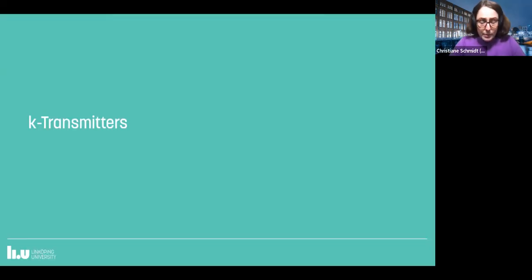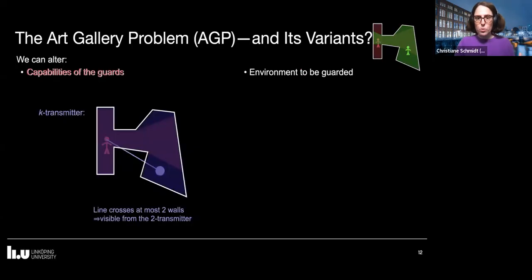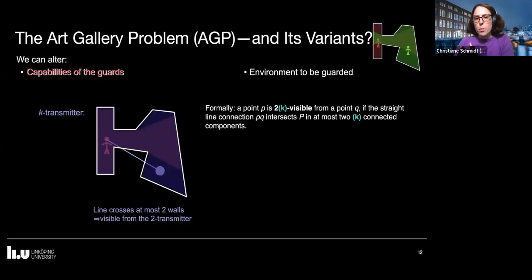And so we'll go a bit more into detail into one of these specific guard capabilities, and those are the k-transmitters. So again, we can look through walls. If we want to make that a bit more formal, then a point is 2-visible or k-visible from another point if the direct line connection intersects the polygon in at most 2 or k connected components.